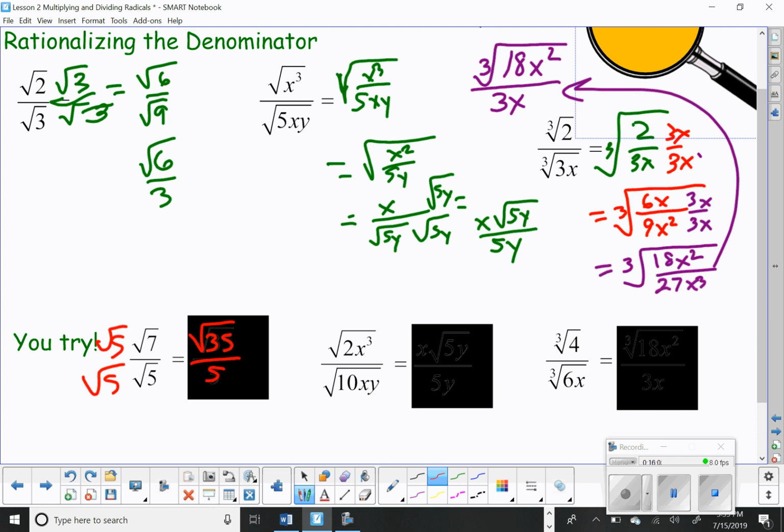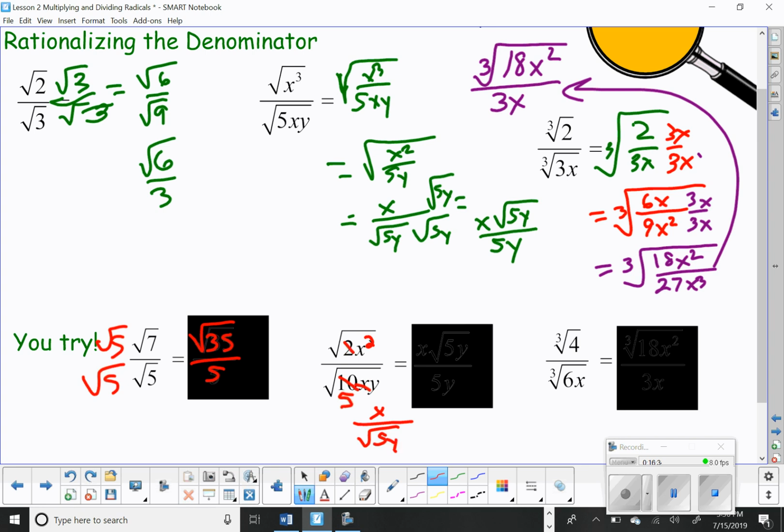Nice. Now this one, notice I've got 10xy. And I've got the 2x cubed. Well, the 10 and the 2, I can get rid of the 2, and this will just make this 5. The x can go away, and this becomes x squared. So now I can take the square root of the x, and I have an x in the numerator. And then in the denominator, I have the square root of 5y.